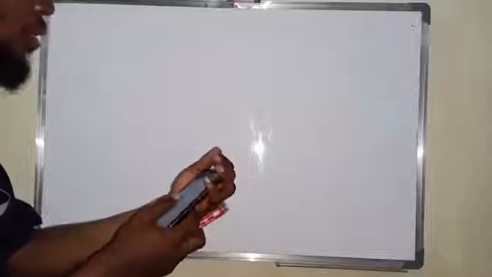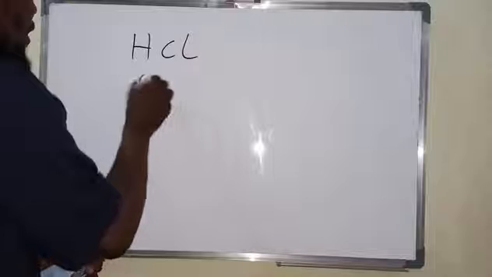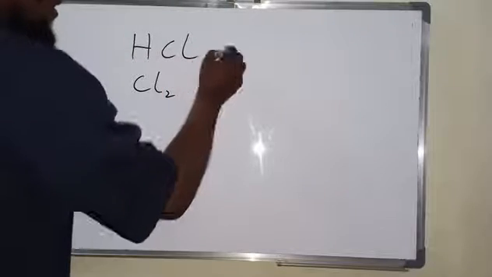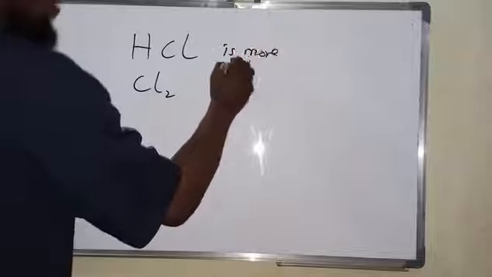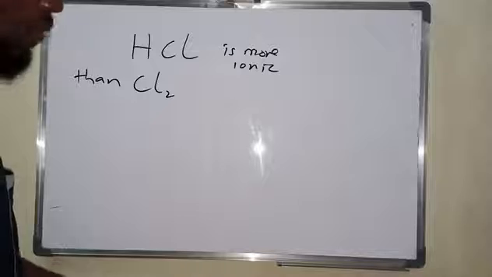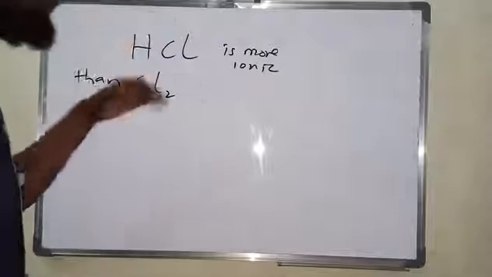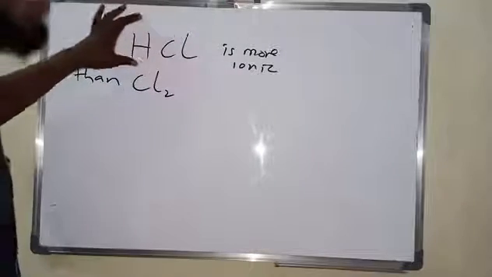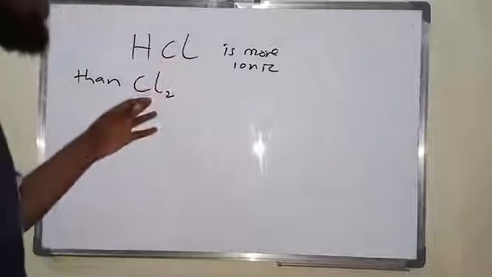So the next question is: the property of chlorine which causes hydrogen chloride to be more ionic than the chlorine molecule is? HCl and chlorine. So according to the question, this is more ionic than this. And why? It is due to a certain property of chlorine that makes hydrogen chloride gas more ionic than chlorine gas.